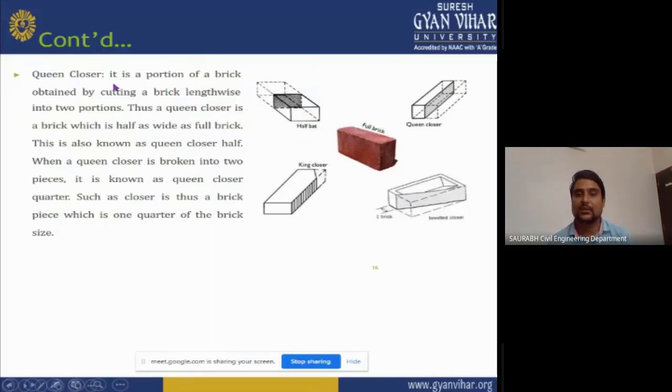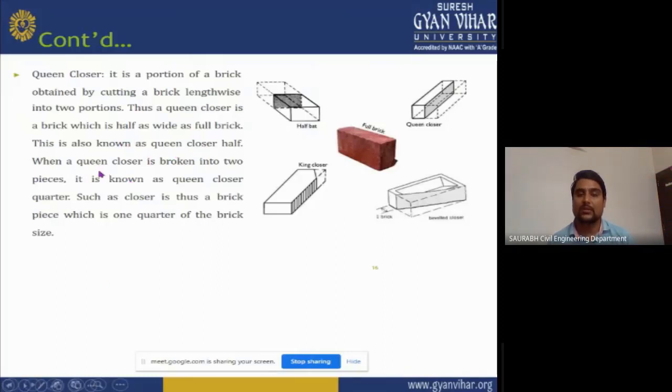Now we will see what is the definition of queen closer. It is a portion of brick obtained by the cutting of brick lengthwise into two portions. This queen closer is the brick which is half as wide as the full brick. This is also known as queen closer half.